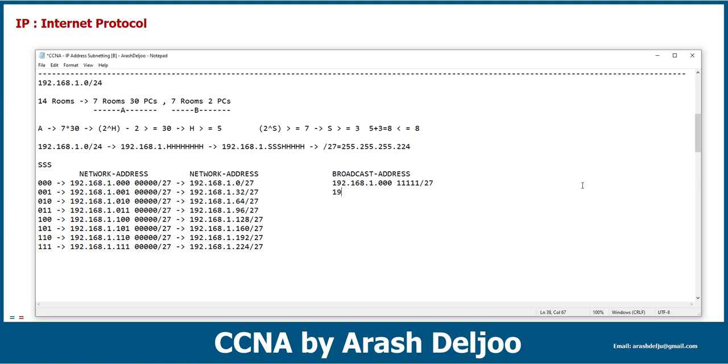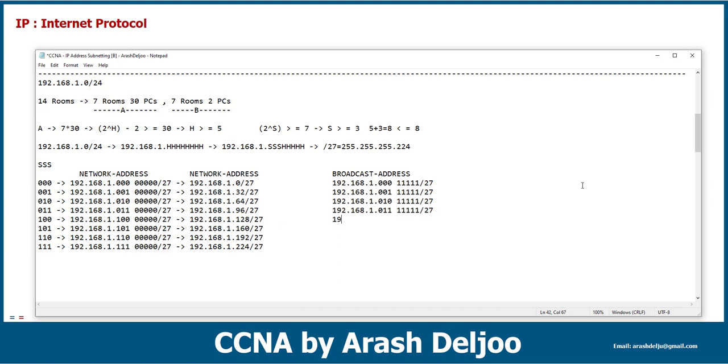The second is 192.168.1.001 then 11111/27, and after that the next broadcast address, 192.168.1.010 and 11111, 63/27. After that 192.168.1.011 and 11111, 95/27.